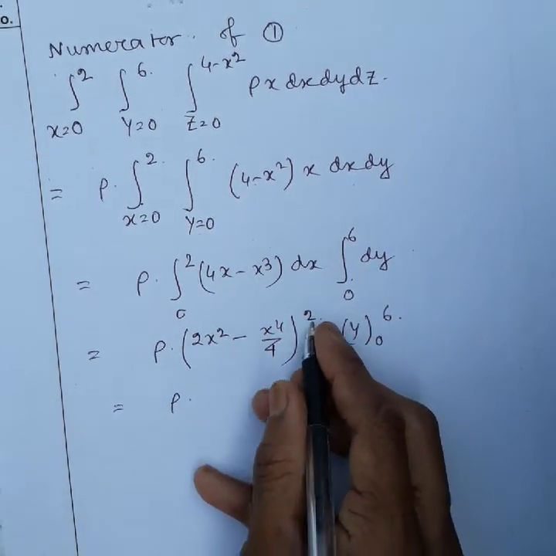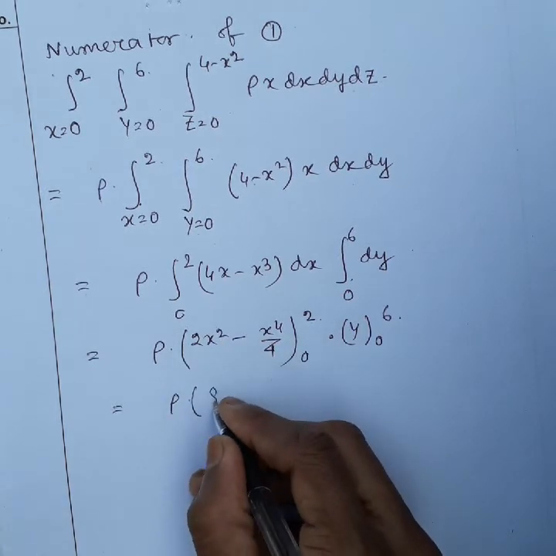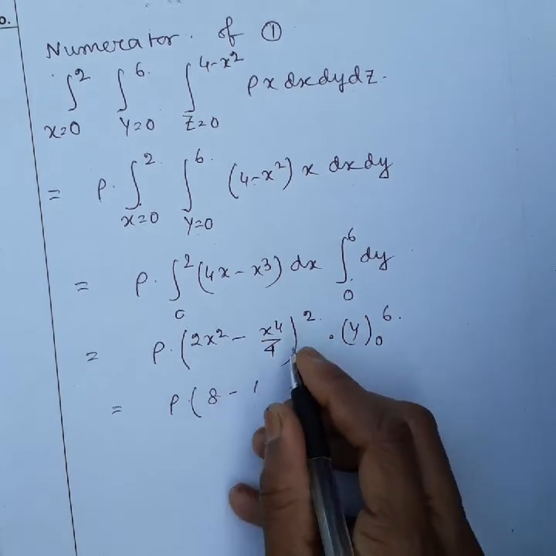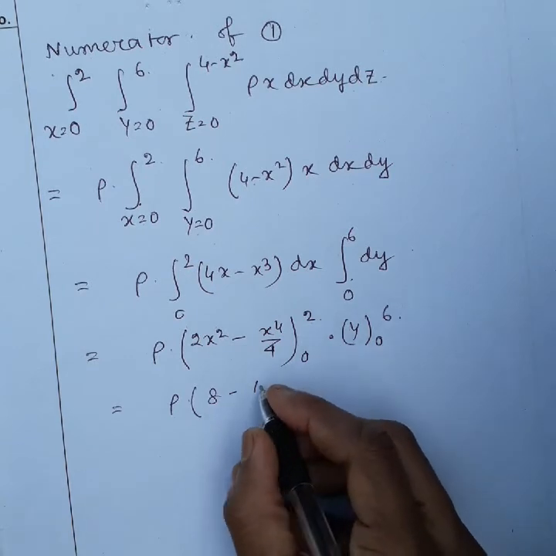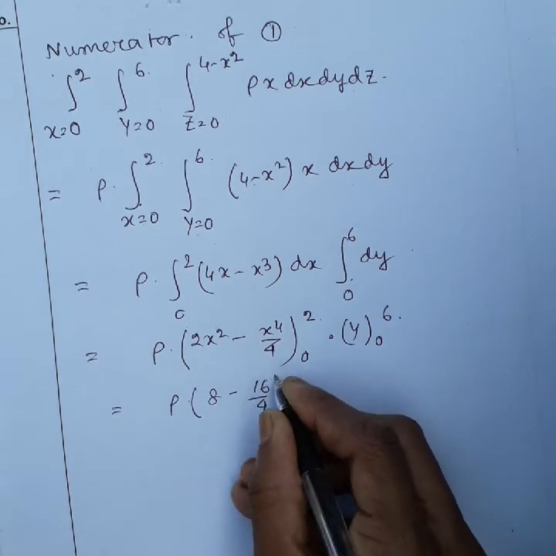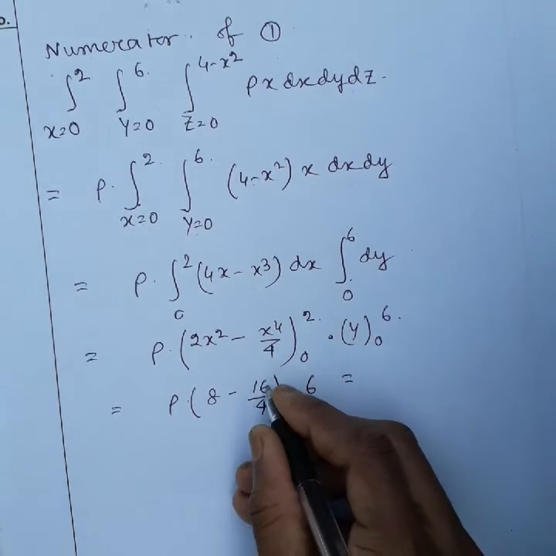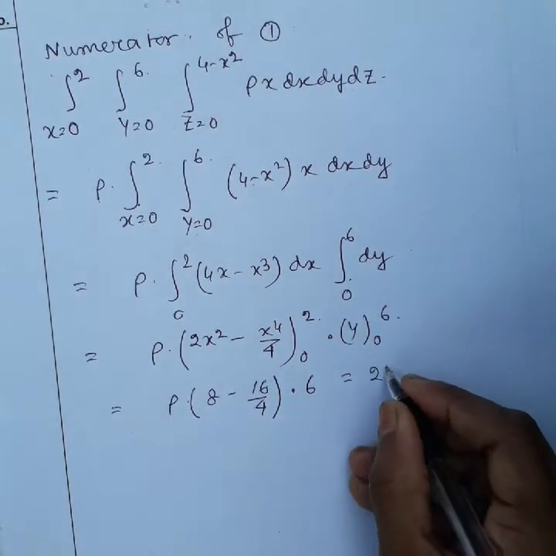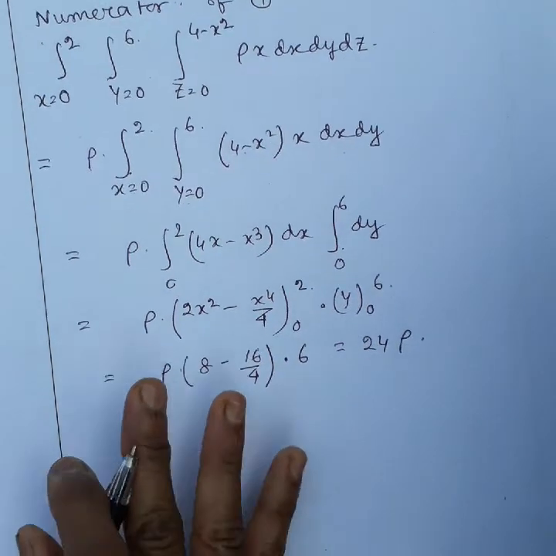So rho into 8 minus 2 to the power 4 is 16 by 4, into 6. 4 into 6, that is 24 into rho. Okay.